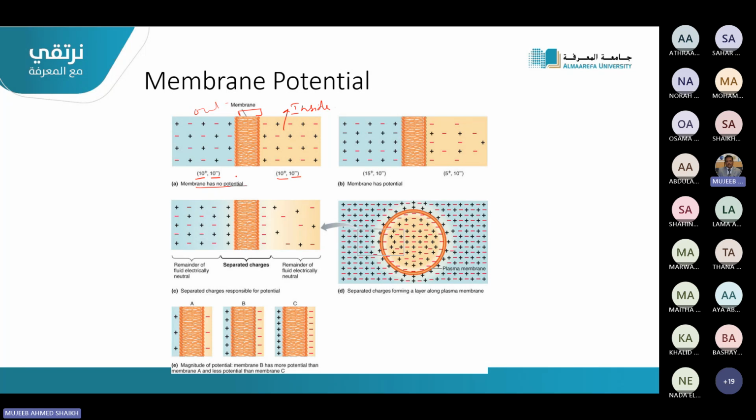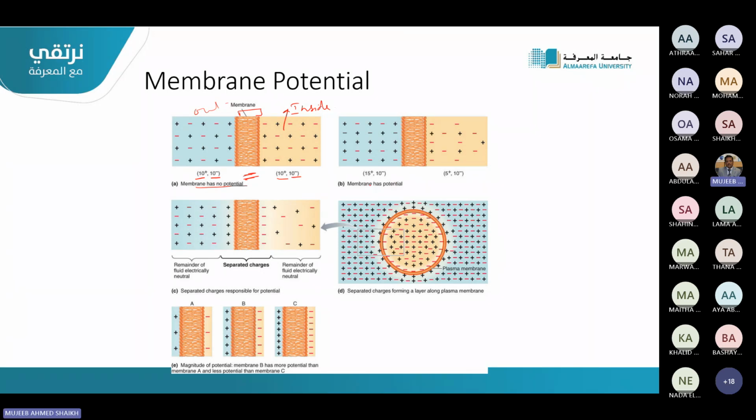Our first condition to have force is unequal distribution, and different permeability is the cause of membrane potential. So here both of them are equal, that's why there is no force or no potential.